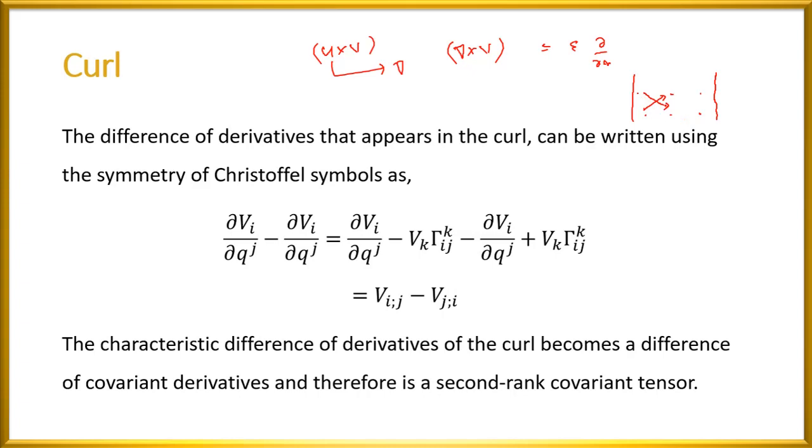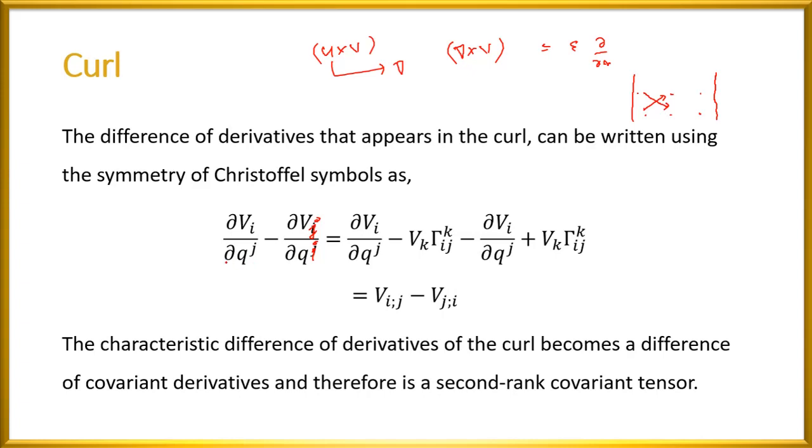Therefore, what you are taking is dou by dou xi of vj, dou by dou xj of vk. So actually you have to take a combination of these partial derivatives. So the combination of the partial derivatives are dou by dou qj of vi minus dou by dou qi of vj.